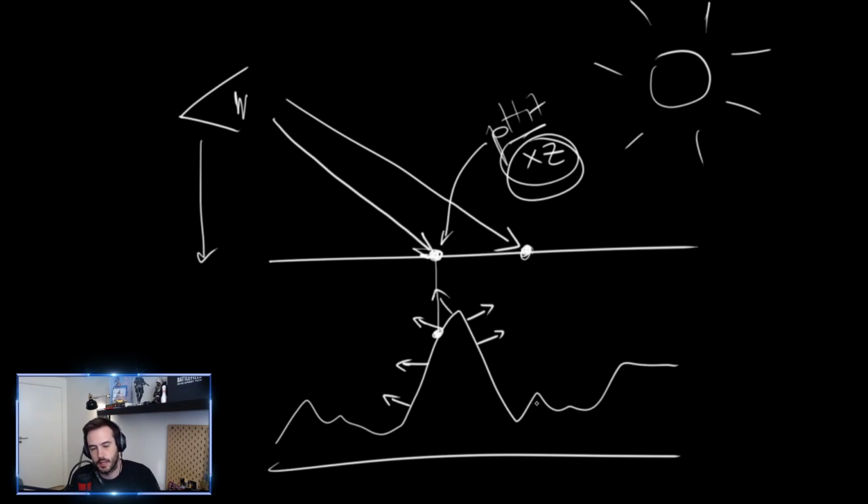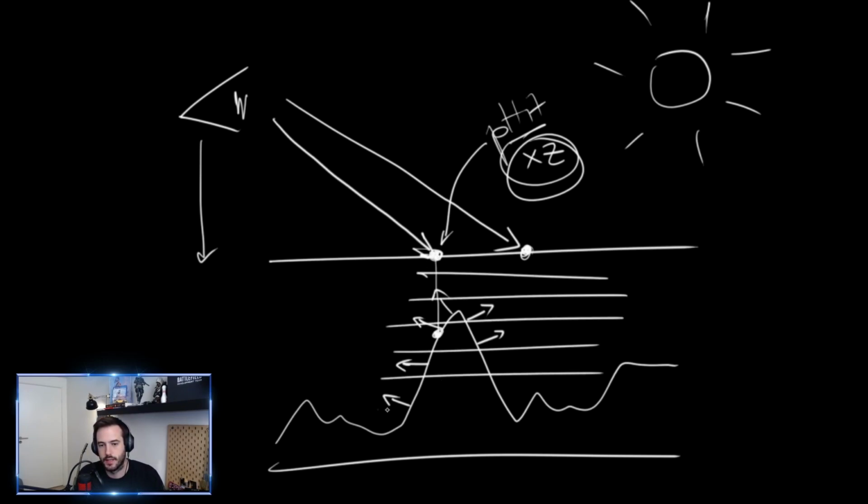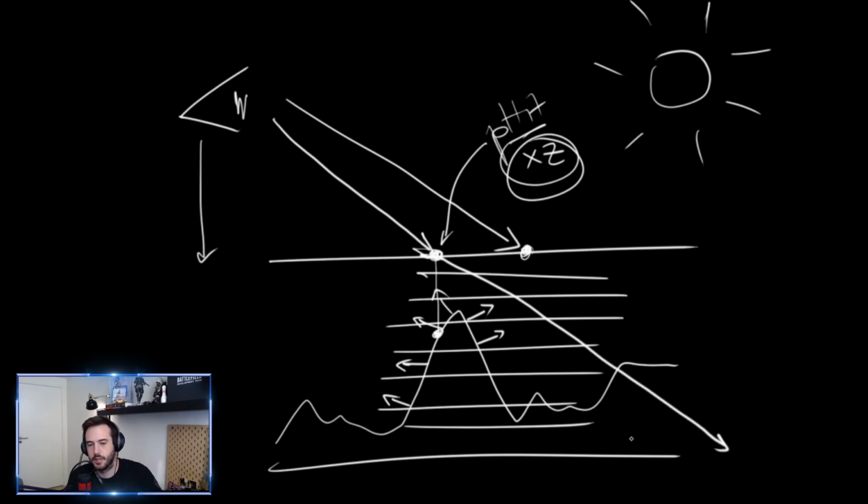But what happens now when you need to have this occlusion? As I said in the theory part of the tutorial, you have a bunch of layers that you have to create and sample. So what we're going to do now is take this direction and drill straight to the bottom, up to the full depth. The depth in our case goes from 0 to 1.